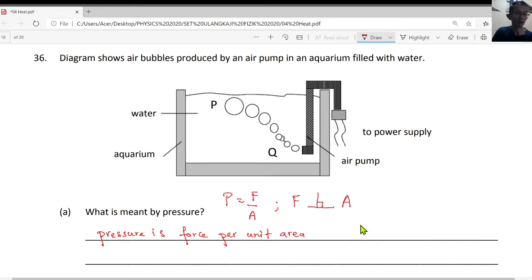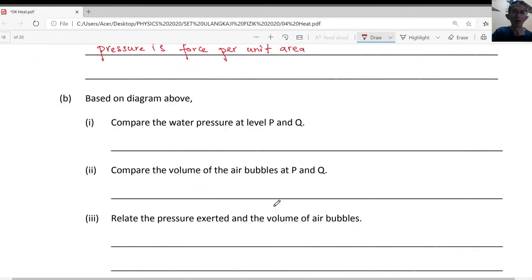It is not the first time that I remind you about force and area being perpendicular to each other. Okay, let's move on. Based on the diagram above, compare the water pressure at level P and level Q. You are to compare water pressure, so we write the quantity to be compared. So I have water pressure.